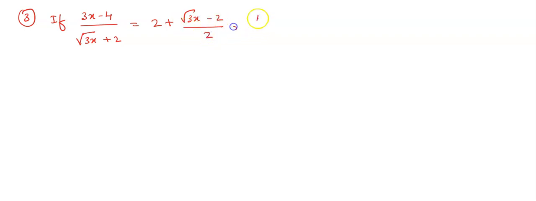Take down. If (3x minus 4) by root of (3x plus 2) is equal to (2 plus root of 3x minus 2) divided by 2, then find the value of x.